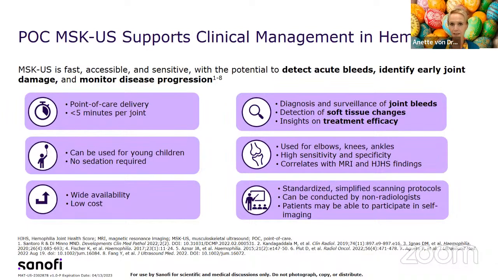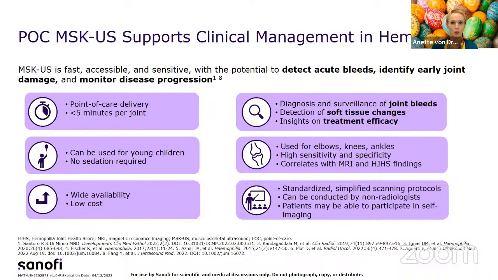It's sensitive, it can detect acute bleeds, identify early and also later joint problems, and monitor disease progression. It really takes only a few minutes per joint. It can be used for young children. There's no sedation necessary. It's widely available, has low costs, and this is important because you can do that easily with X-ray, detect soft tissue changes quite easily.